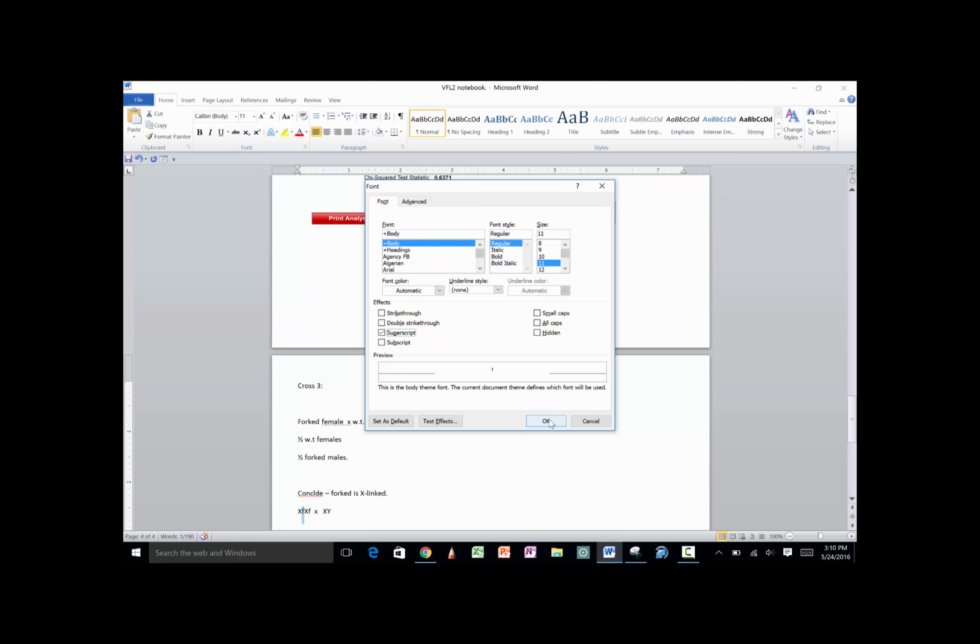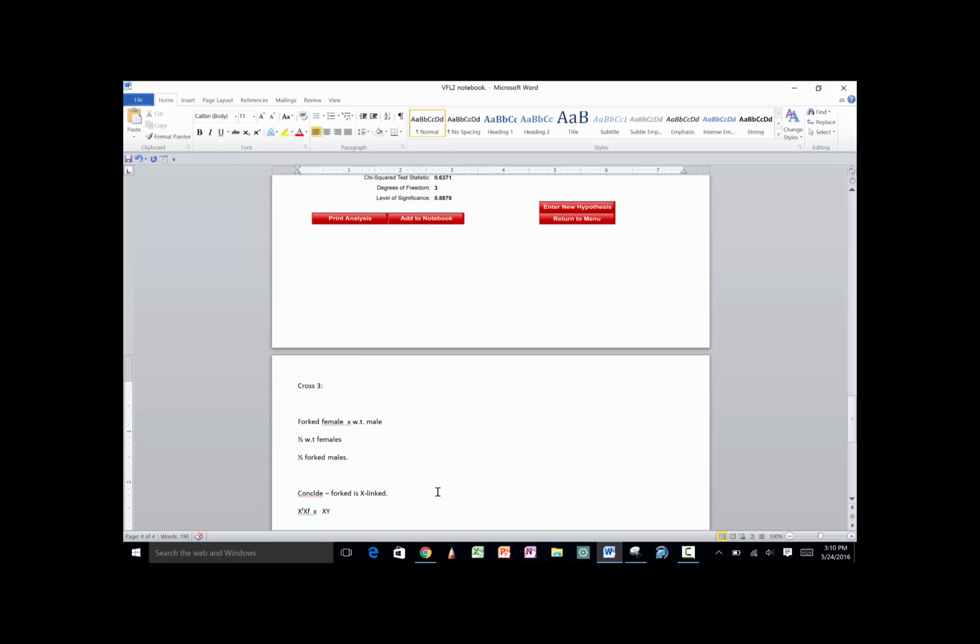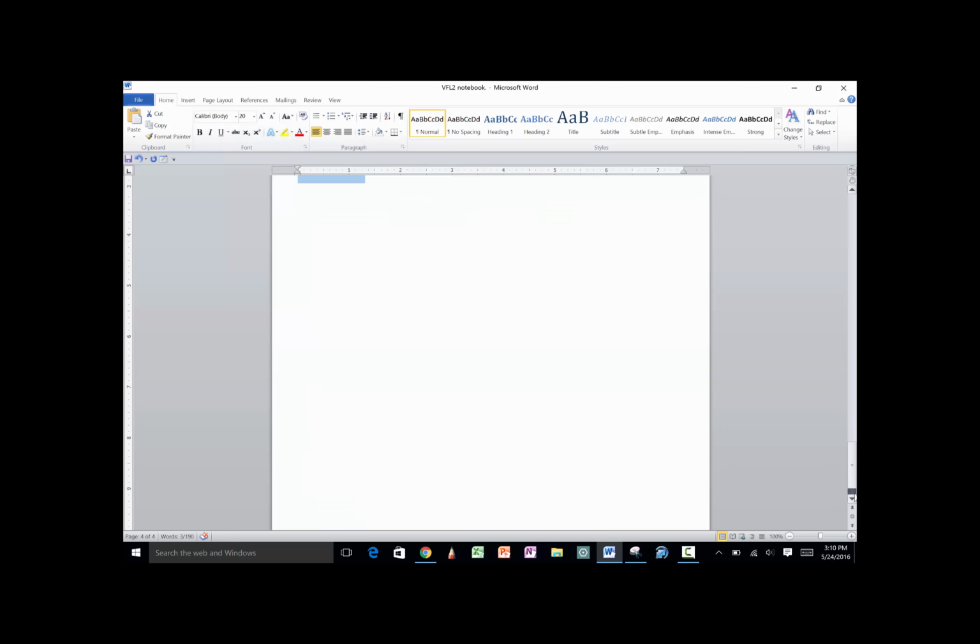All right, so now that's X^F. I'm going to boost those up a little bit so we can see what we're doing. And then now we can just copy this X^F.